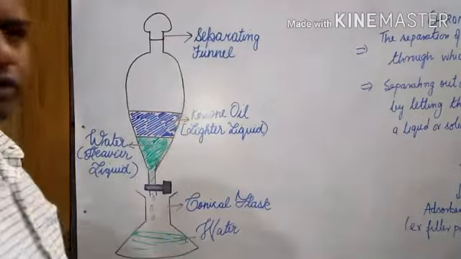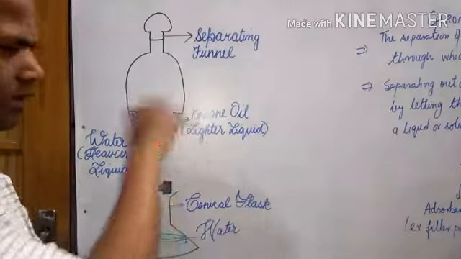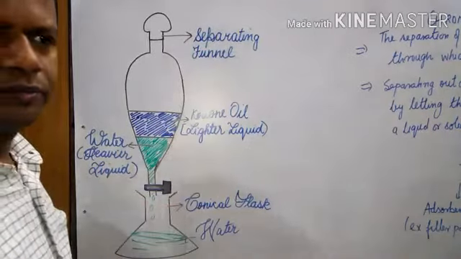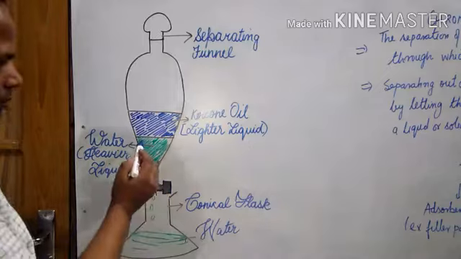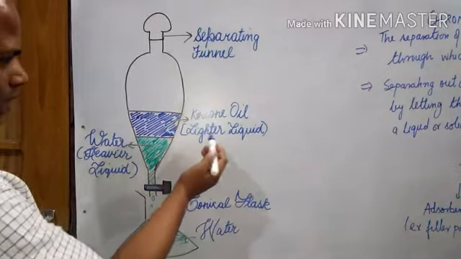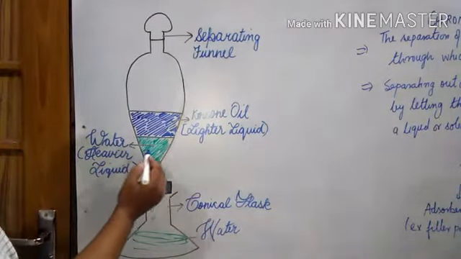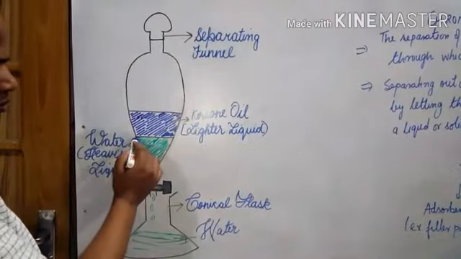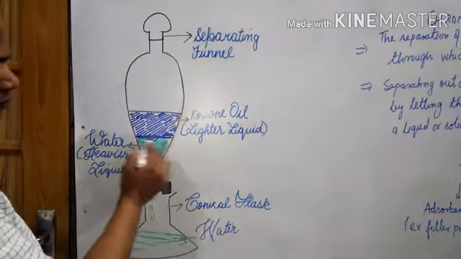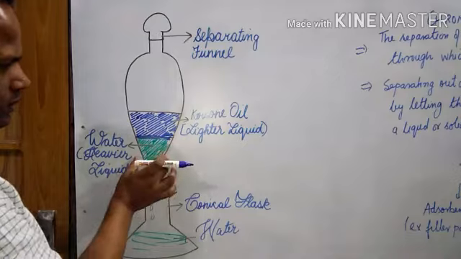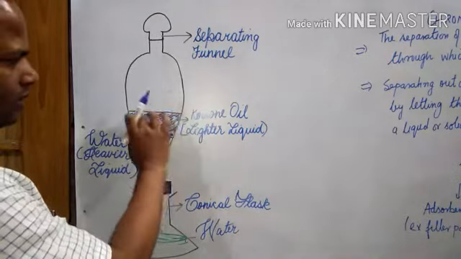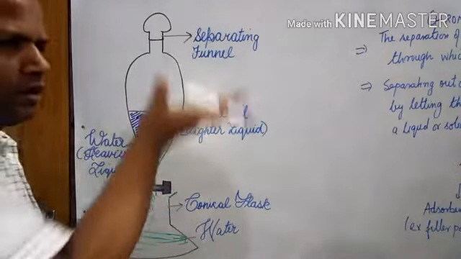We leave it for some time so that it forms its layers. Here we have the kerosene oil and the water. The water being heavier settles down and forms this layer. The kerosene oil being lighter is at the upper end.